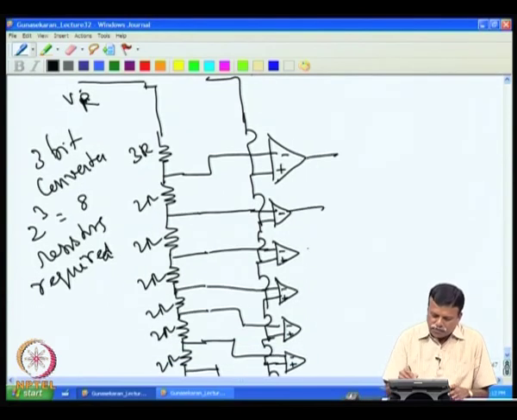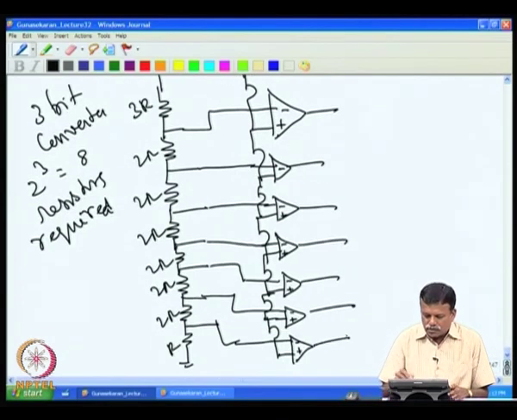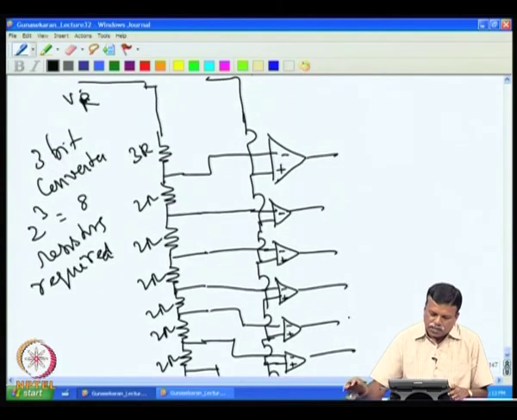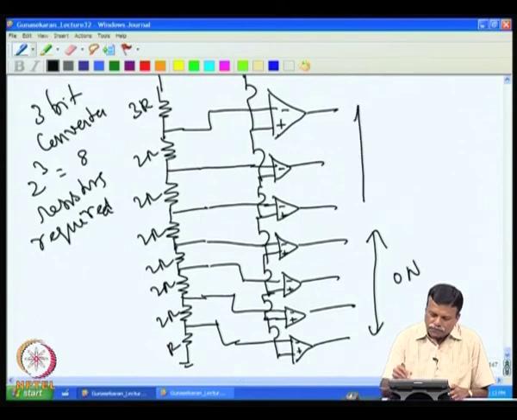So, you have now 7 output voltages, 7 outputs of these comparators. Basically, we have 7 comparators here that change state according to the input voltage. For example, if the reference is 1 volt and the input voltage is 0.5 volt, you will see that the bottom comparators, these 4, are on and the top ones are off.